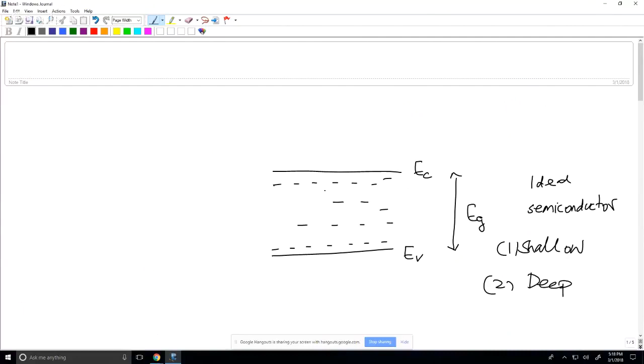If I have a shallow state, for example in the case of n-type doping, that usually leads to an increase in conductivity. On the other hand, the presence of deep states, especially trap states, can trap electrons and holes. An electron, instead of going to the conduction band, can go and get trapped here. Then, depending upon the lifetime of the electron there, it can affect the carrier concentration.